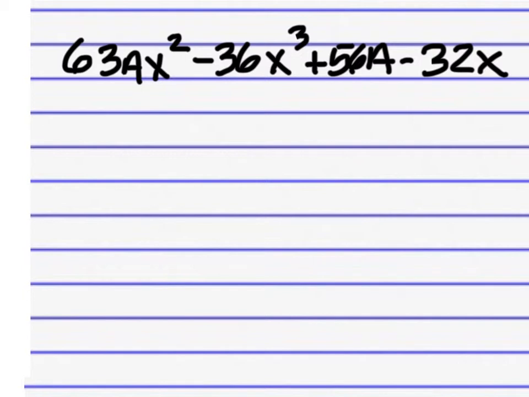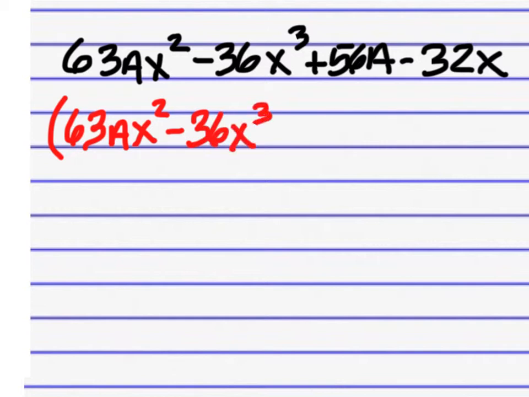63ax squared minus 36x cubed plus 56a minus 32x. What two in here do you think we should group together first? The ones with the exponents. Okay, so let's try those. 63ax squared minus 36x to the third, and that would leave us with 56a minus 32x.